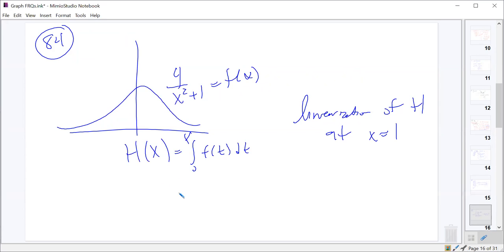So this should be the integral from 0 to 1 of 4 over x squared plus 1, right? That's what we're looking for, and we're trying to use a linearization to approximate that. Let's see, linearization formula. We're doing that at 1.